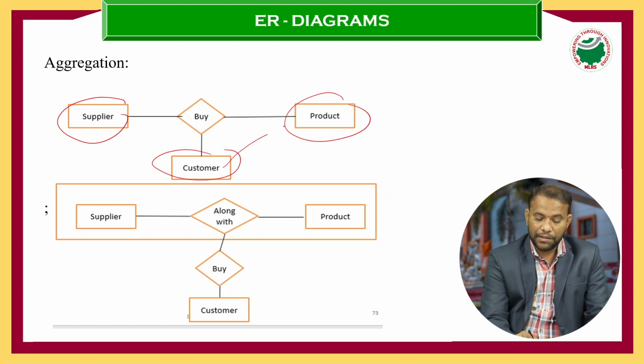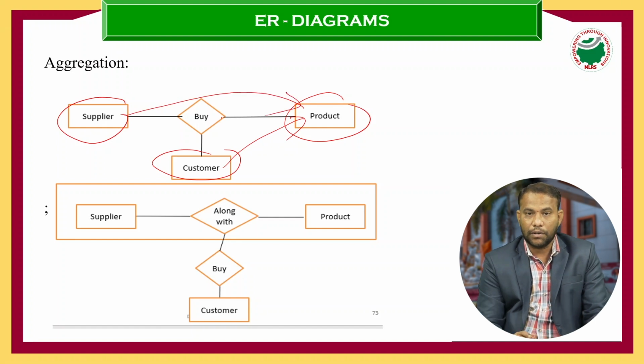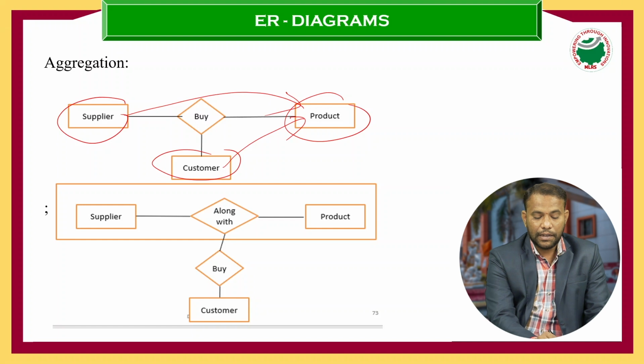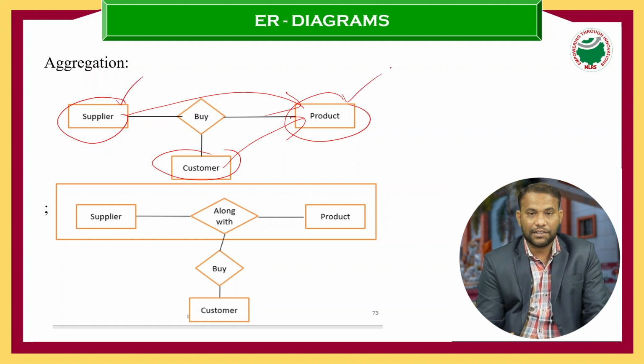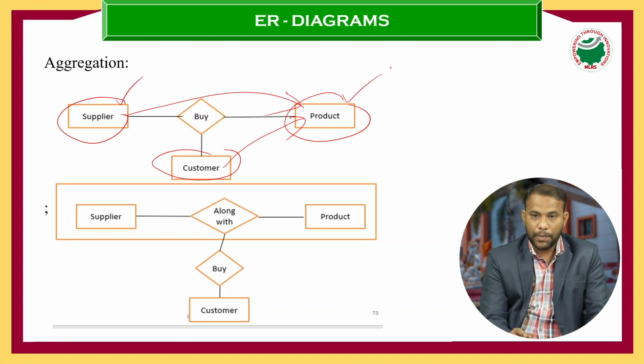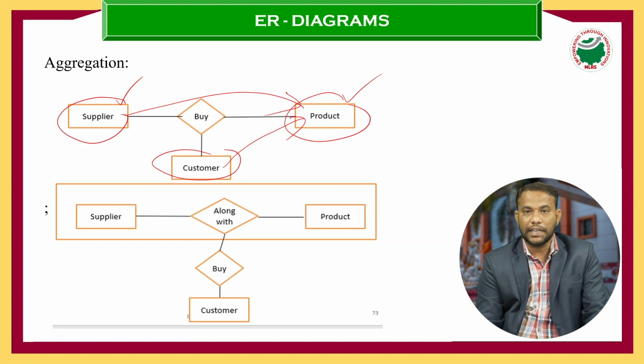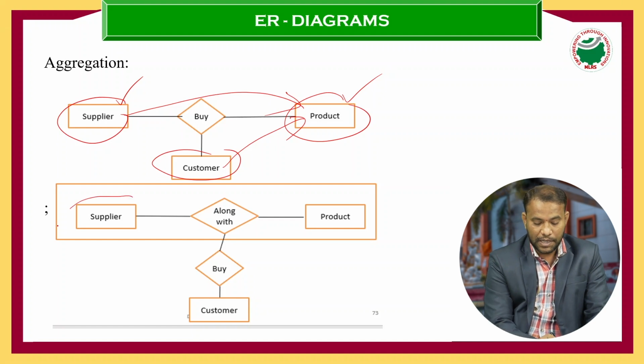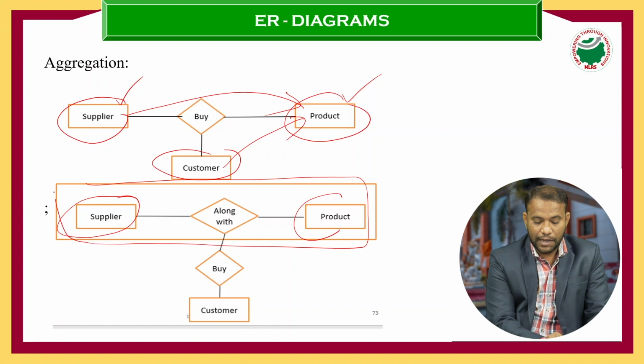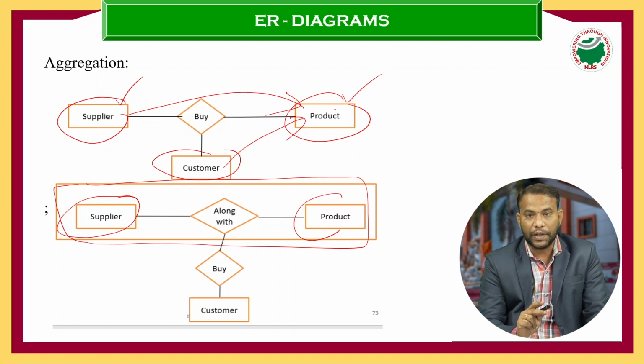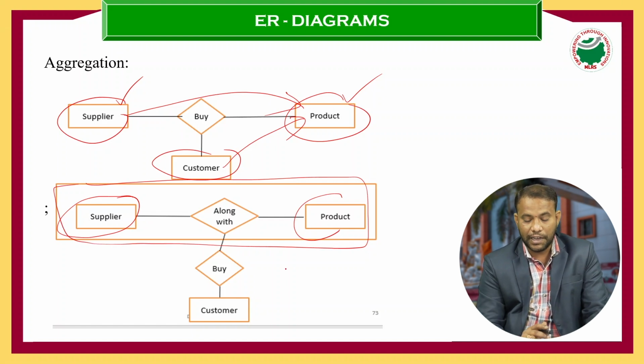Customer will buy the product, whereas supplier also buys the product. Okay. So in this diagram, instead of writing supplier and product as separate entities, we are combining those entities into a single entity. See, supplier and product, we make it a single entity. Instead of creating two separate entities, we have created a single entity.